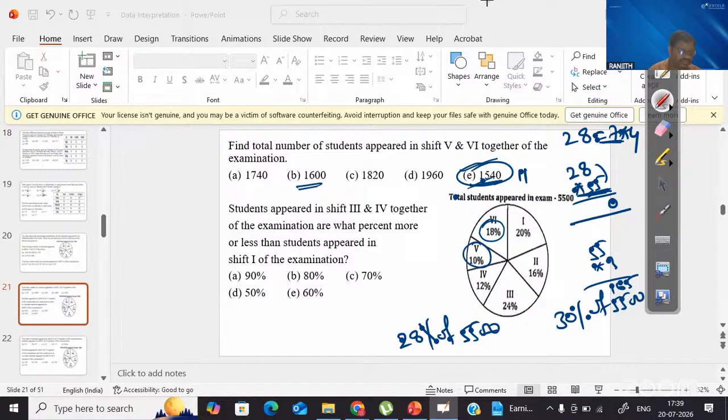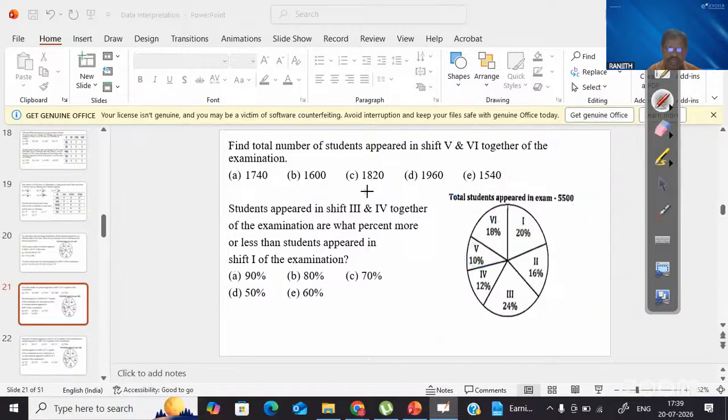Next, students appeared in shift 3 and 4 together of the examination are what percentage more or less than the students appeared in shift 1. Students appeared in 3 and 4 will be equal to 36 percentage.